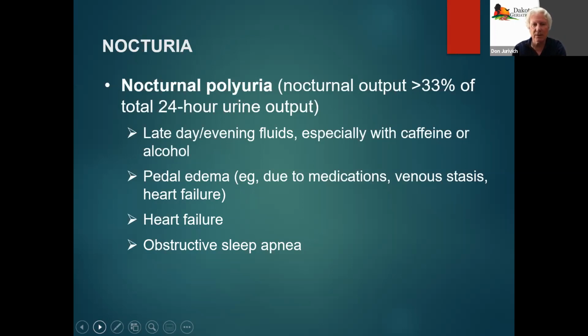This nocturia occurs in the evening, and a lot of times it'll be associated with caffeinated beverages and alcohol. Just remember that as we get older, the caffeine is sustained for a full 24 hours in the older adult. It's not like you have a drink, get your caffeine buzz, and then it just goes away. That caffeine stays with you for quite a while.